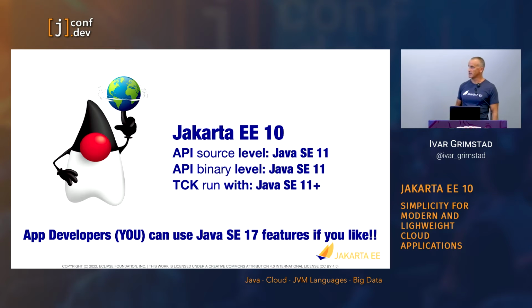The key here is that we made sure the TCK can be run with both 11 and 17, so anything between 11 and 17 you can use. Some implementations don't even bother to support 11, and some support both. So you just choose which implementation you want, and one of the parameters could be the Java level.